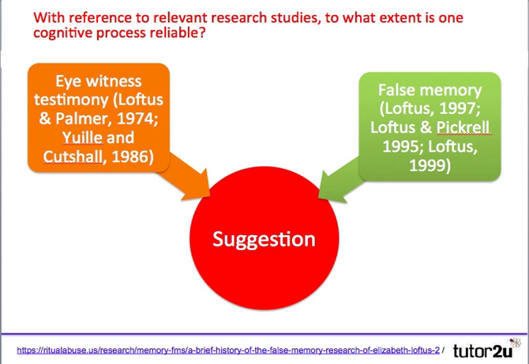There is some recent research that questions false memory that I haven't actually included on this slide, but it's really worth, certainly with the first Loftus piece of research, unpicking some of the statistics. It seems, although it was used as evidence for false memory, there were actually a lot of people who did not fall for the false memory trick.